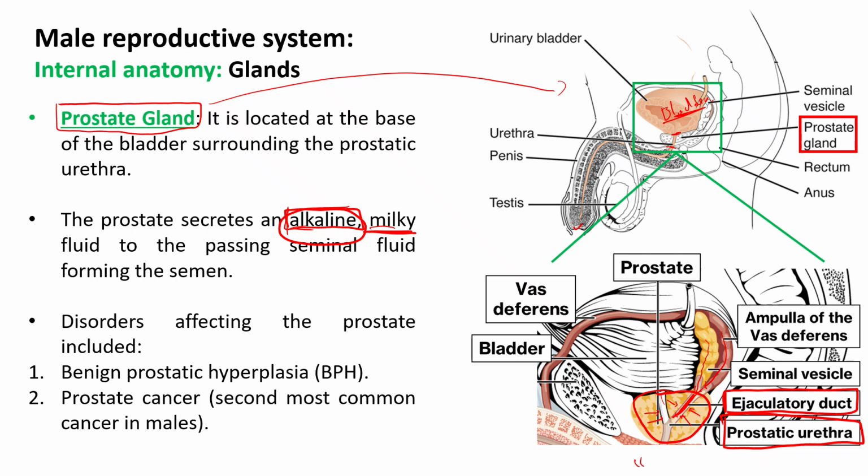So the importance of the prostate gland secreting this alkaline substance in the semen is that it will neutralize the acidity of the vaginal pH, and that would allow the pH overall to become less acid, and the sperm will have the ability to swim and to move through the female reproductive system. That's the main importance of the prostate gland.